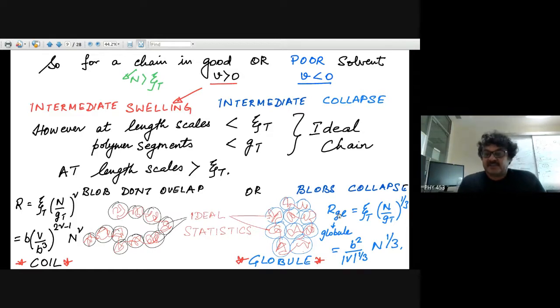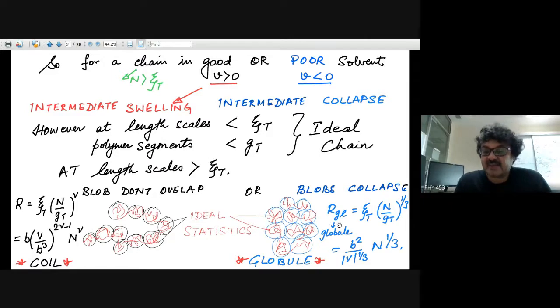If v is less than 0, not a perfectly bad solvent but somewhere in the intermediate, then at this length scale you again have ideal chain statistics, but above these blue circles, these blobs, you have collapsed blobs. You can feel the interaction. At smaller length scales, monomers are unable to see the interaction.